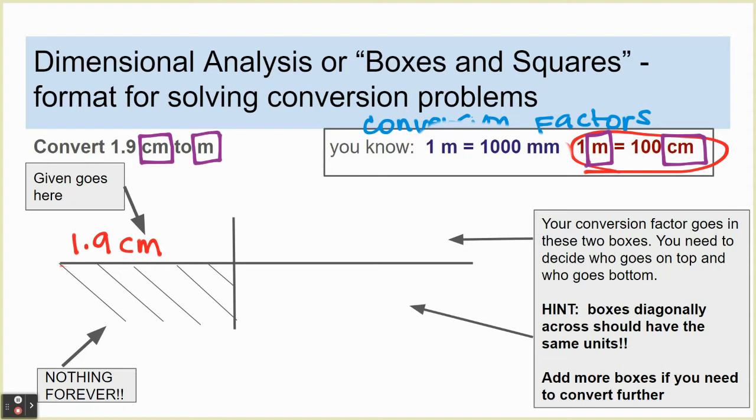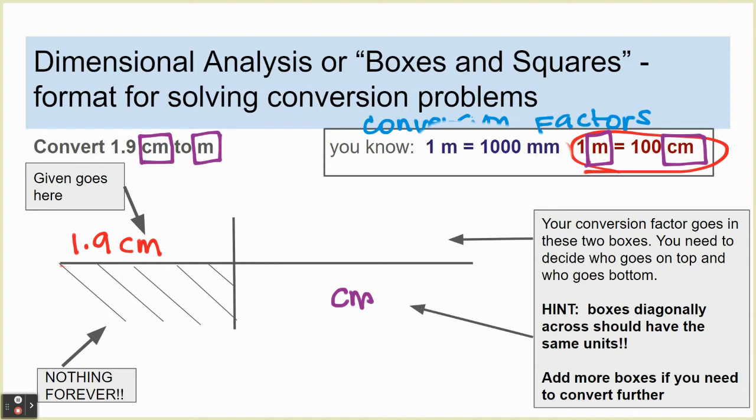The question now is which one goes on top and which one goes at the bottom. It's actually easy. Remember before, guys, we said boxes diagonally across should have the same unit. Since you started with the given centimeters, the next time you should see centimeters should be at the bottom, because boxes diagonally across should have the same unit.